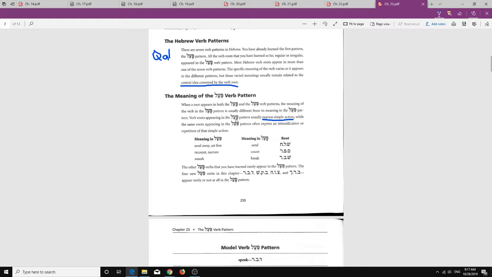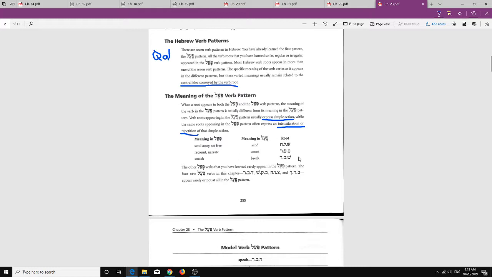Okay, so the pa'al or the kal verb tense, remember, is simple action. The Piel expresses intensification or repetition of that simple action. Okay, so here are some examples of that.